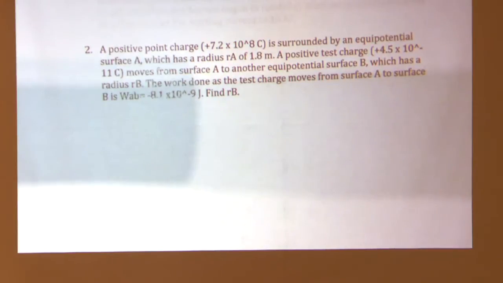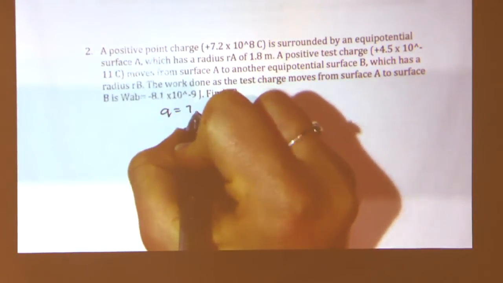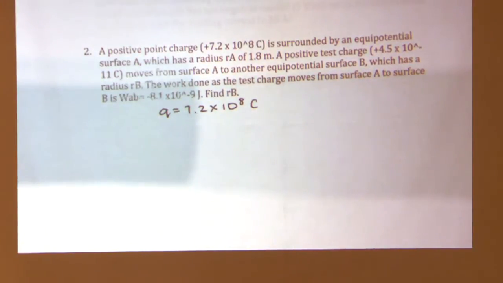where this is actually a question taken from Dr. Saha's practice problems. We have a positive point charge, so Q is 7.2 times 10 to the 8 coulombs. It's surrounded by an equipotential surface A. So remember, way back at the beginning of the class, equipotential surface means we have the same potential over the entire surface. There's no change.